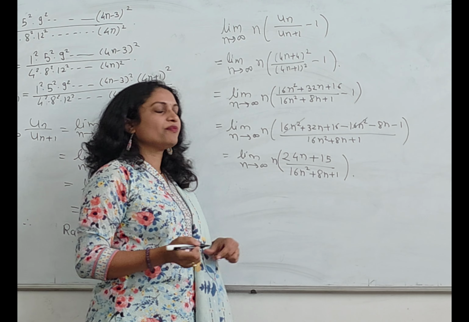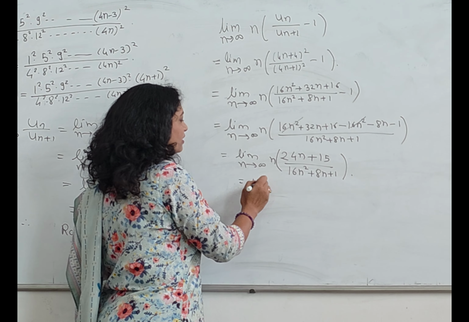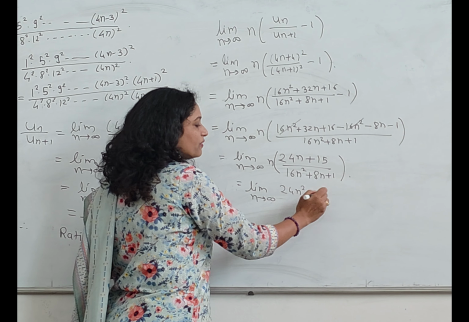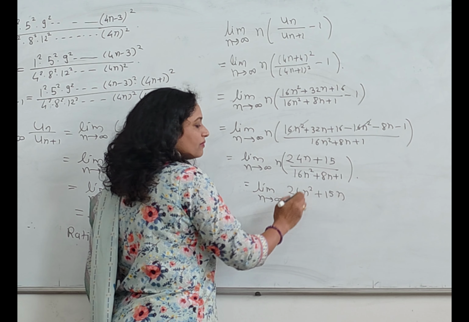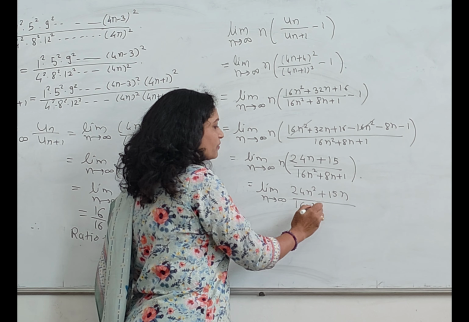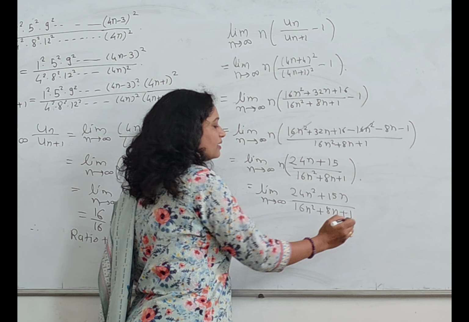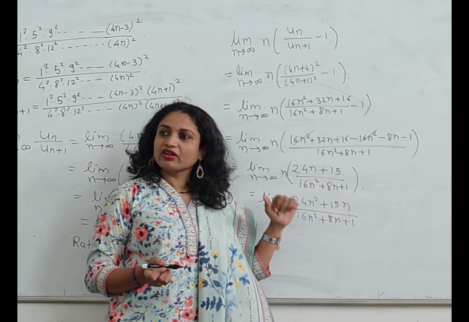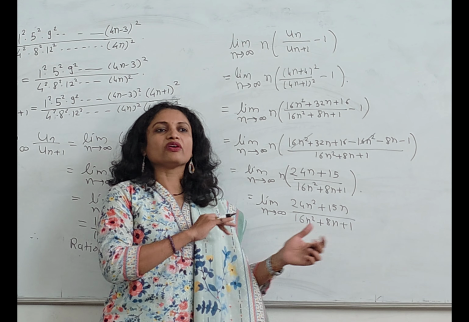Now multiply numerator by n, so your term will become 24n square plus 15n upon 16n square plus 8n plus 1. Now divide numerator and denominator by n square, or take out the common n square.